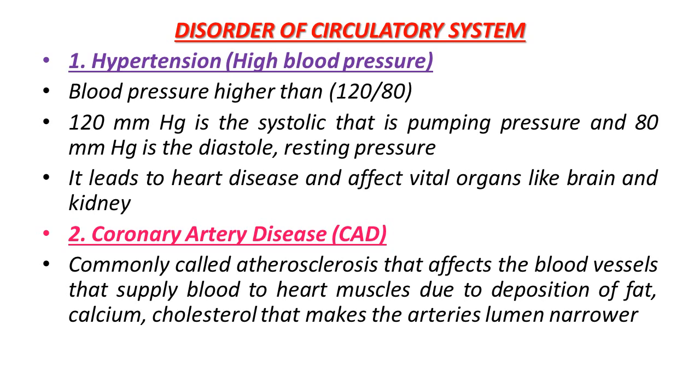So a person suffering from such a type of disorder shows a blood pressure ratio generally higher than 140/90, and it leads to heart diseases and affects the vital organs like brain and kidney.